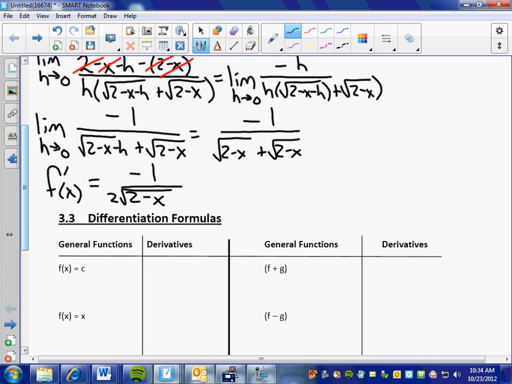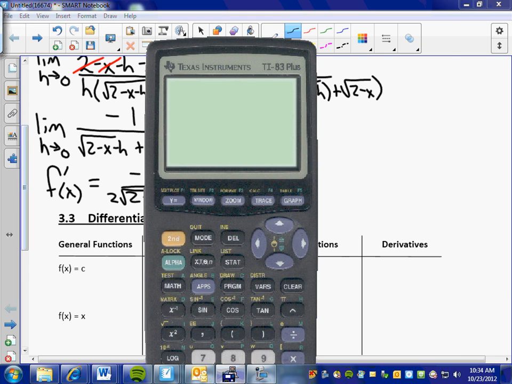Okay, I'm going to show you how you could check your answer. There's a variety of ways to do it. I want to show you this one. Take out your calculator.